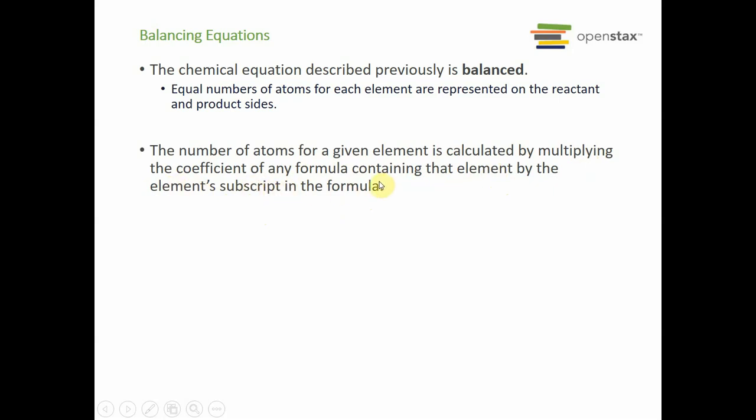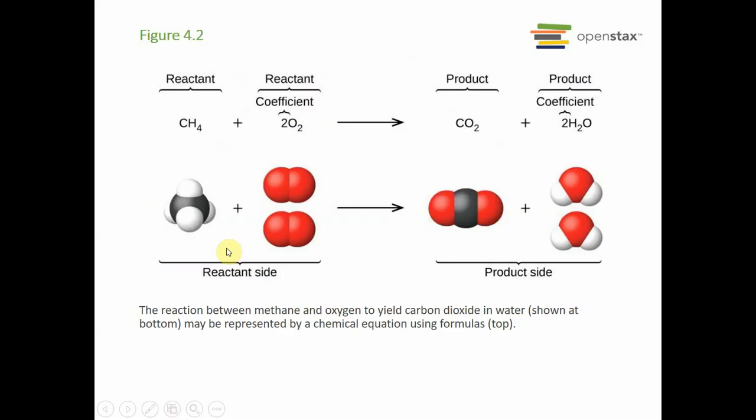Okay, so let's back up. The number of oxygen atoms here is not only the 2, but it's also times the 2 for how many oxygen atoms are in that particular compound.